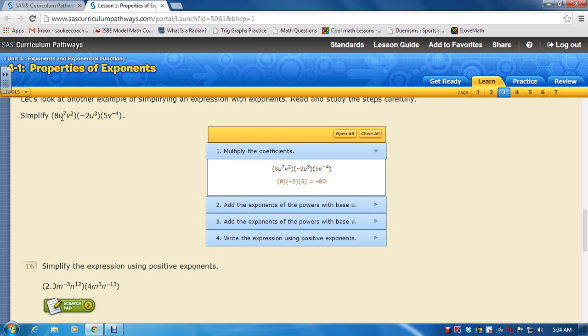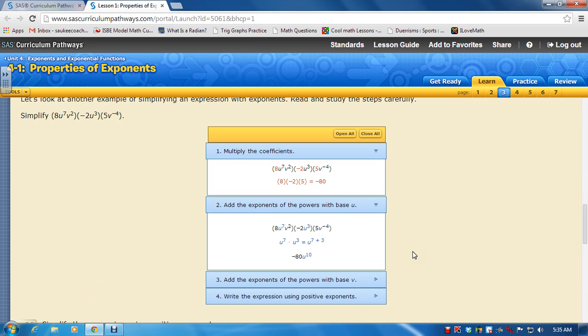And then I'm going to look at all of the base u. I've got a u here and a u here, so I would add those exponents. Got that. Then I look at my base v's. I've got a v there and a v there.